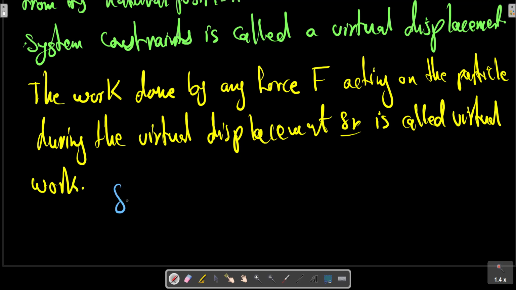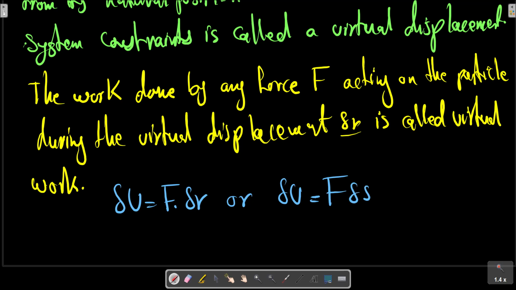Delta U equals F dot delta R, or delta U equals F delta S cosine alpha, where alpha is the angle between F and delta R and delta S is the magnitude of delta R.